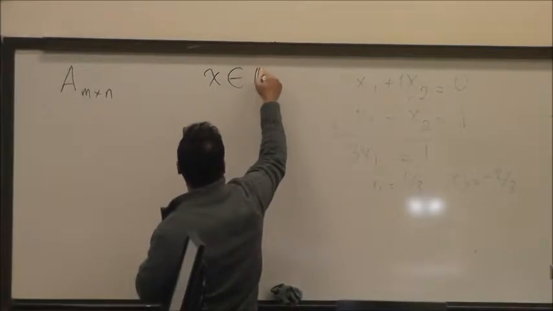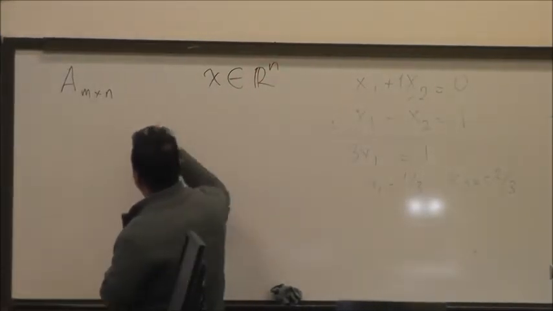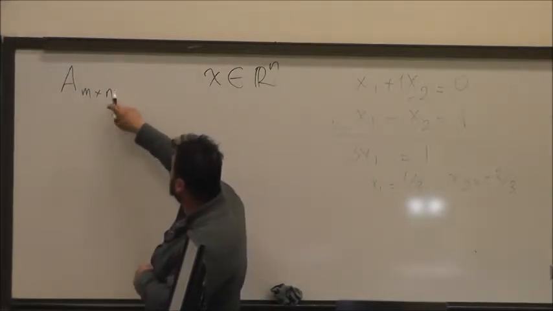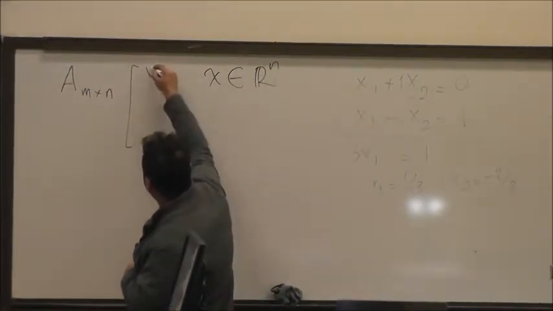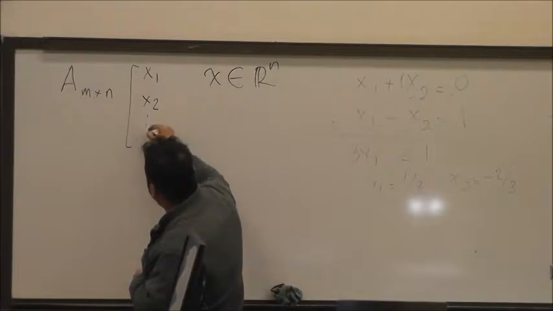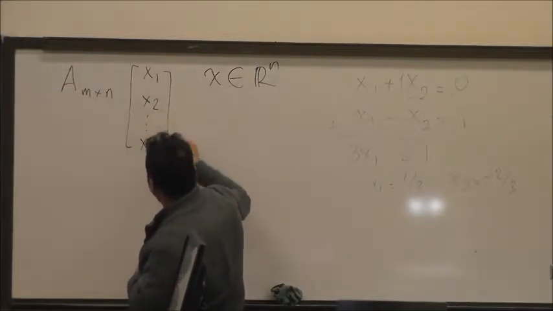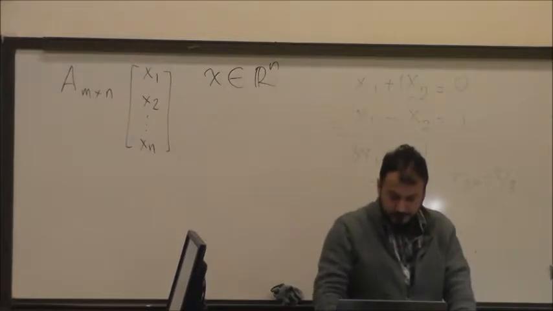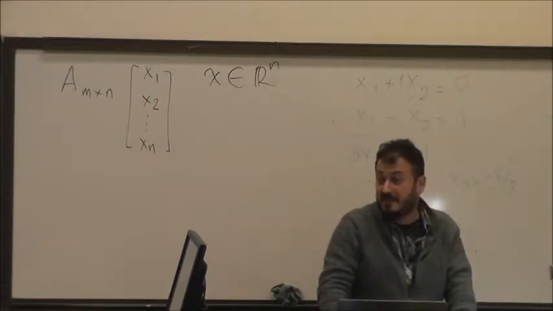So I have an A matrix m by n, and I have one x from Rn. So x should be n, right? Because I have it here. So x1, x2, xn. Which is something like this.